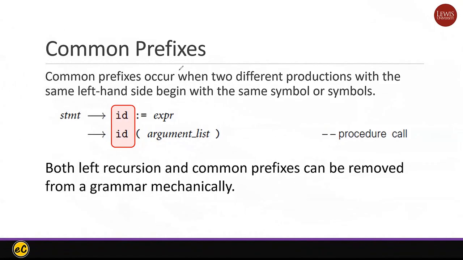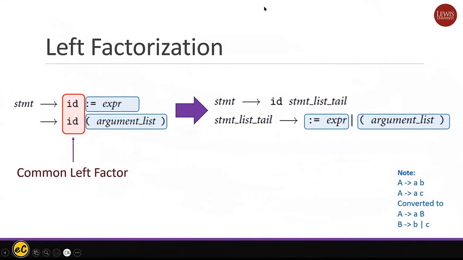And then they may also have the common prefix. Common prefix means that you may have this rule you can use or that rule you can use. So that also is no good. So we will actually do factorization to make the ID in front and then argument list later, something like that. Okay.